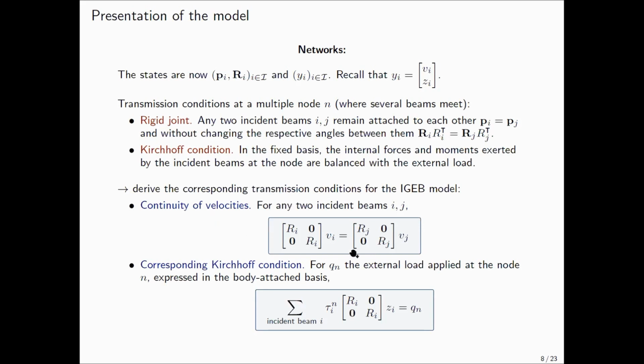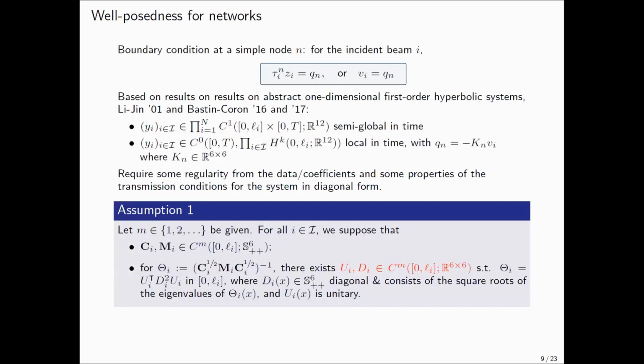Then you get these two conditions, the continuity of velocities and a Kirchhoff condition, where R here is just like epsilon C before, it corresponds to the form of the beam before the deformation. And for simple nodes, where there's just one beam attached, then we either set the internal forces and moments or the velocities to be equal to some function.